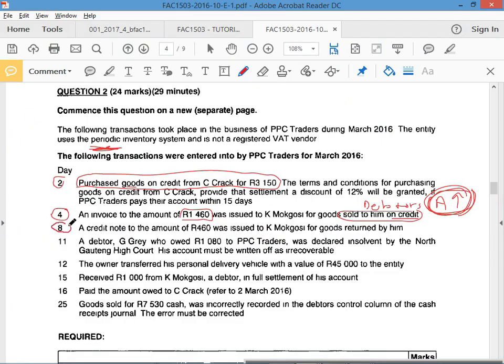Number 8. A credit note to the amount of 460 was issued to K for goods returned by him. Right, so was K happy with the purchase? No. The customer, K Mogotsi, came and returned goods. Good or bad for the business? Bad. Are you going to have more debtors or less debtors?